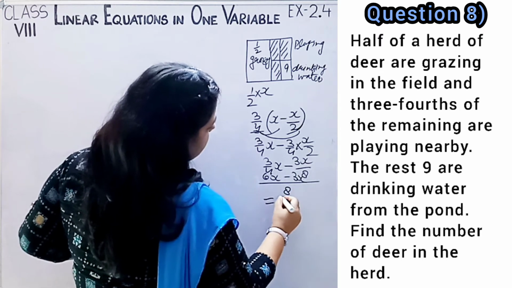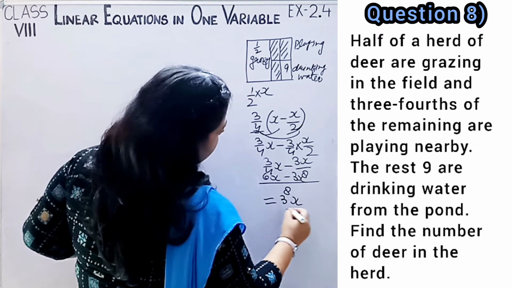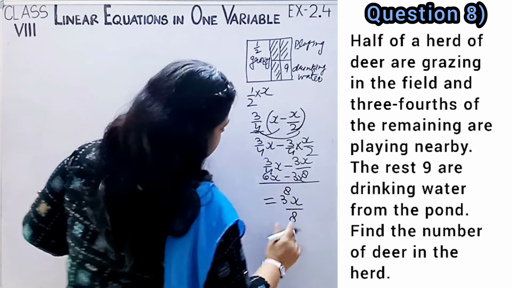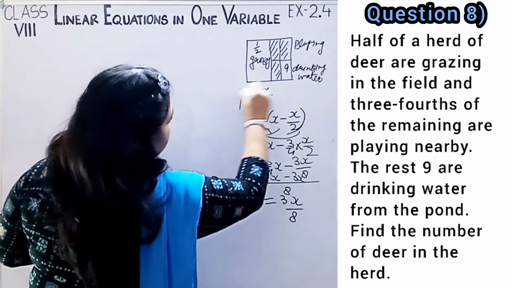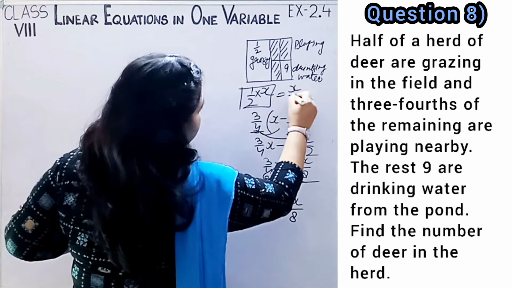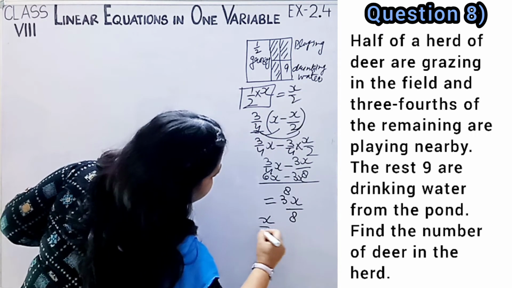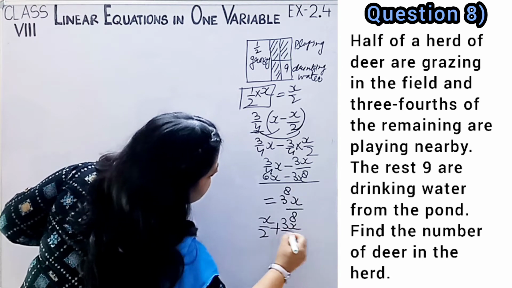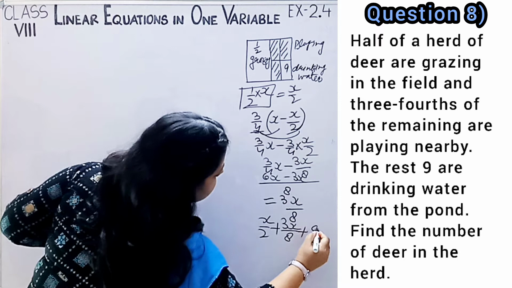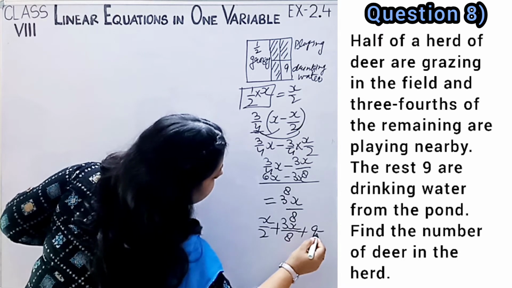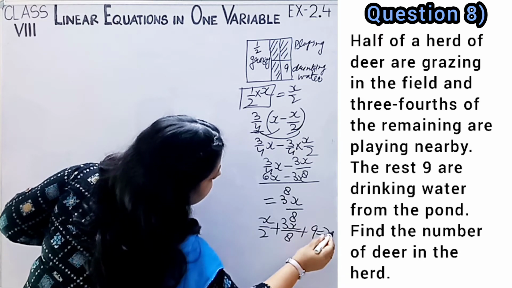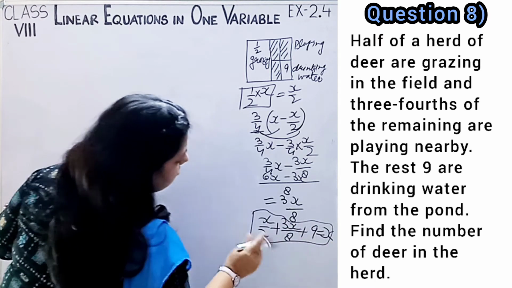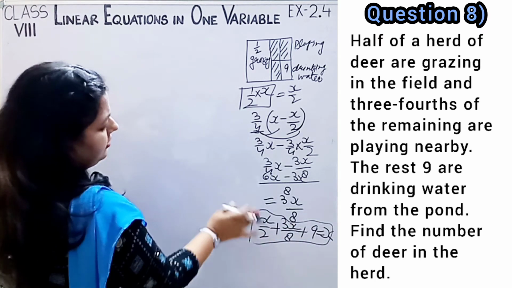After that we got 3x upon 8. So our equation is x upon 2 plus 3x upon 8 plus 9 equals x. So this is our equation and we have to solve and find the value of x.